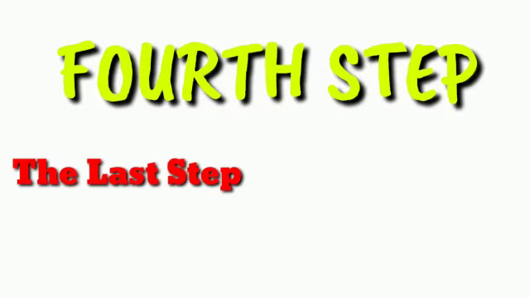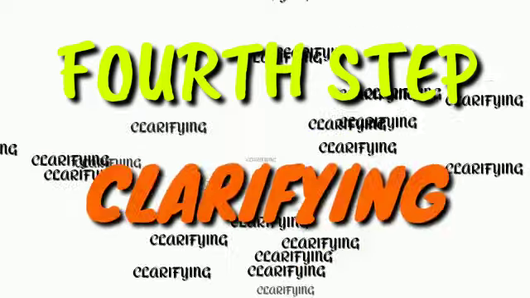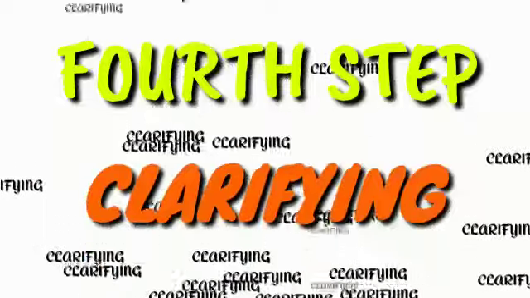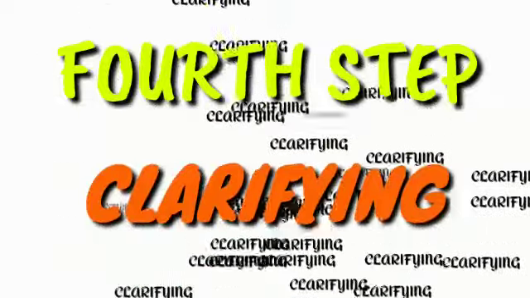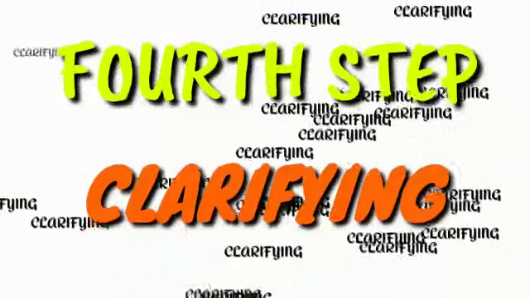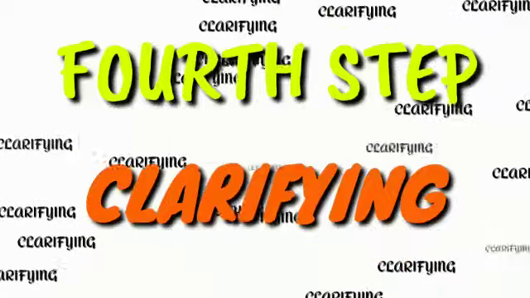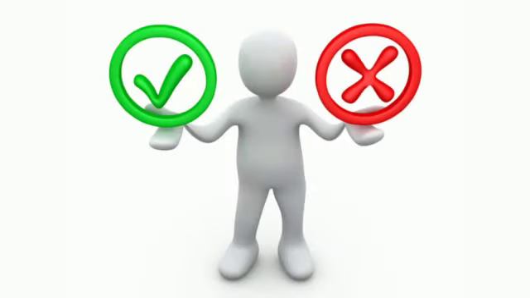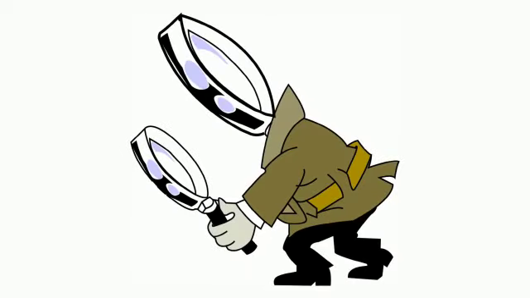Now, last but not the least, the simple step towards effective verbal communication is clarifying. In the process of communication, if one has a query or confusion, that should be clarified instead of concluding or winding up the communication as it is, without clarifying any doubt or confusion.